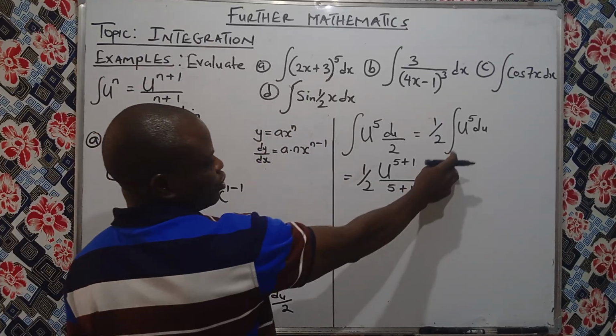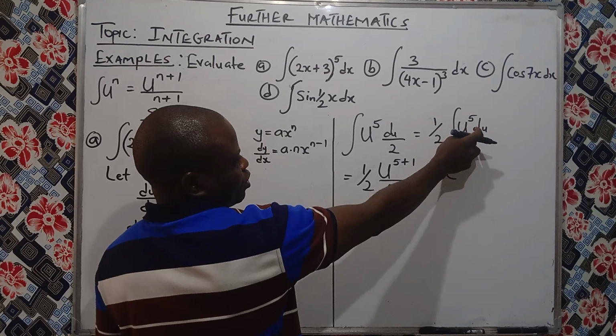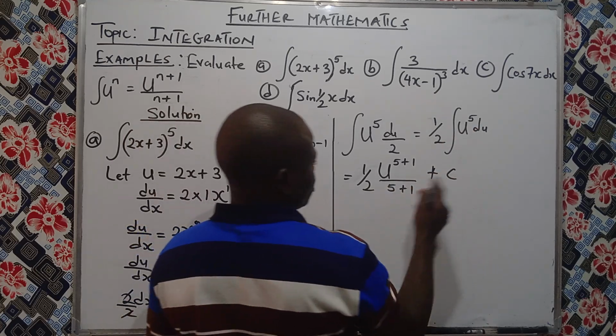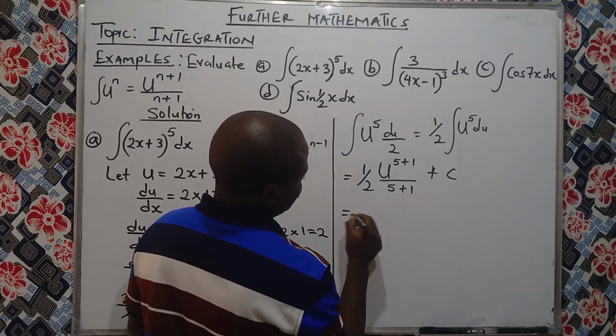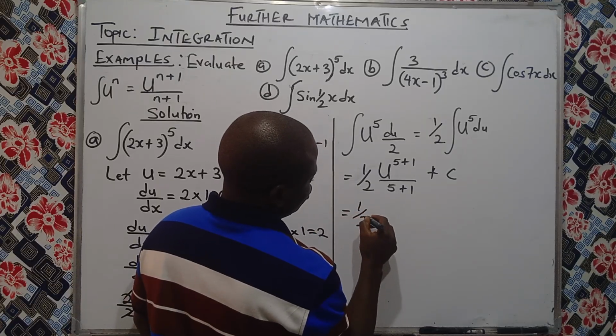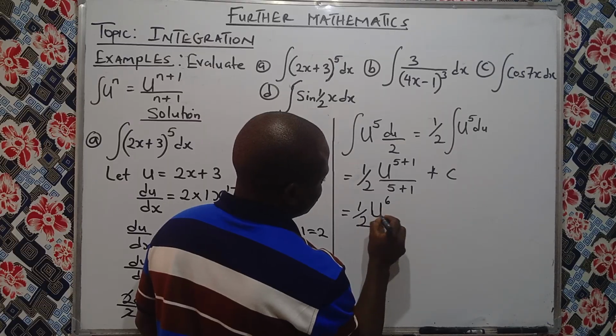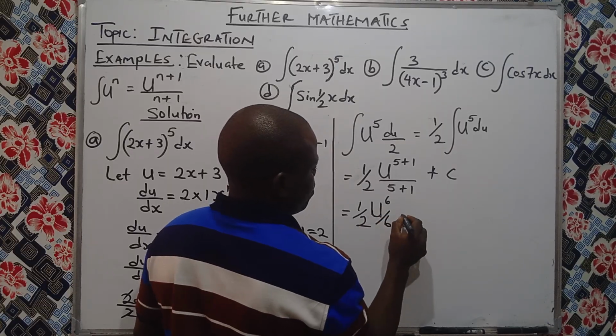Immediately you find the integral of the expression, you are going to put + c there. That's the constant. Now you have it equals half u raised to power 6 over 6.